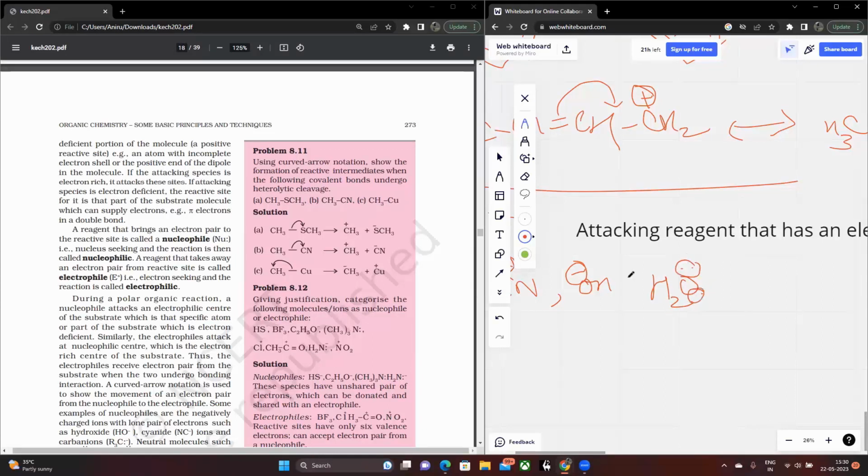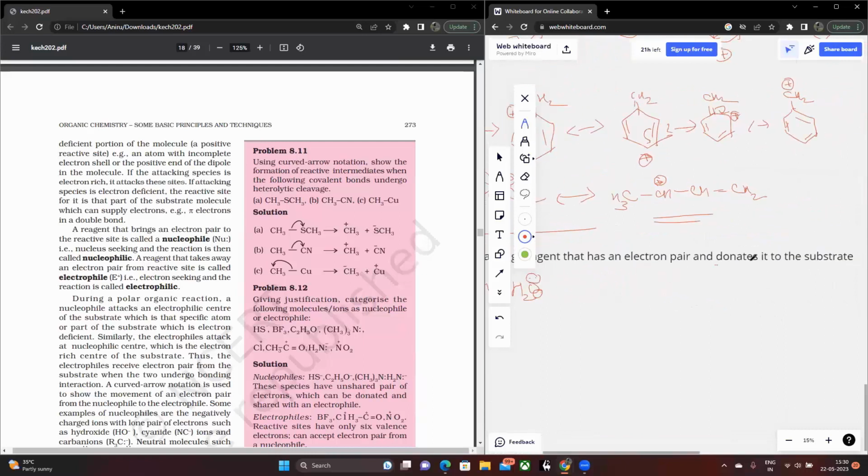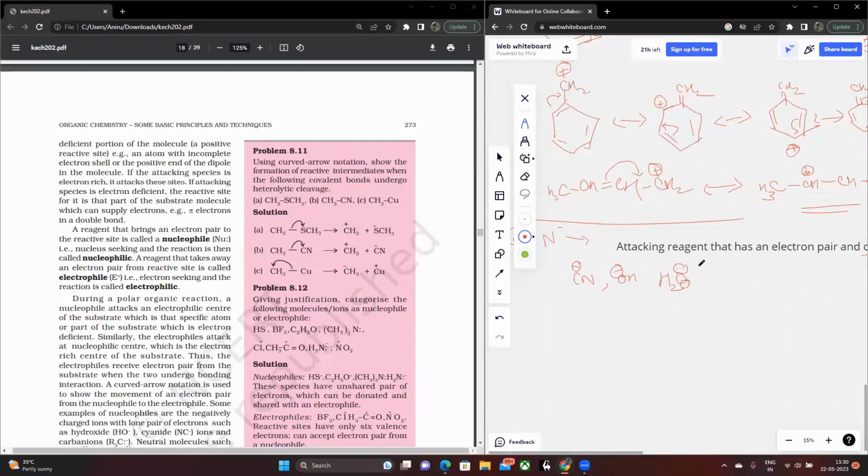There are lone pairs which can also attack sites, right? So this is also an attacking reagent that has an electron pair and donates it to the substrate. Right? So these are examples of nucleophiles.